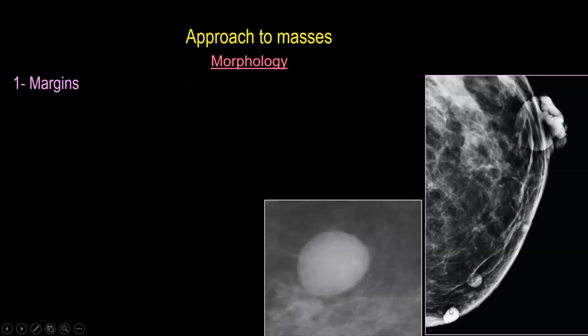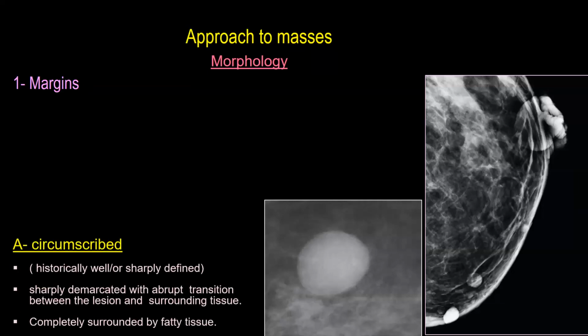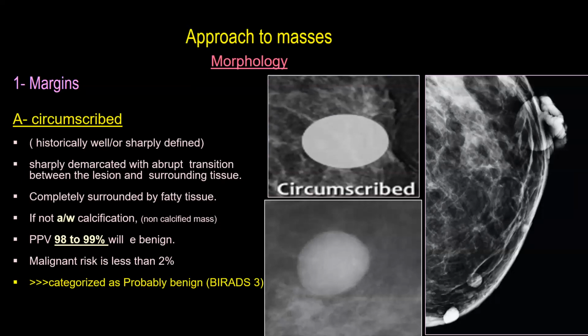Yes, an abrupt transition between the contour or the edge of the mass and the adjacent fatty tissue, as if penciled in. And it is completely surrounded by fatty tissue.